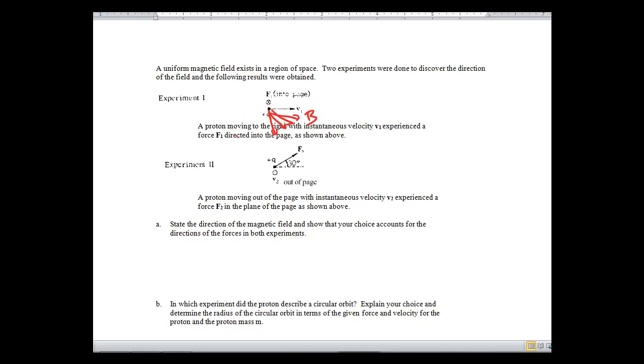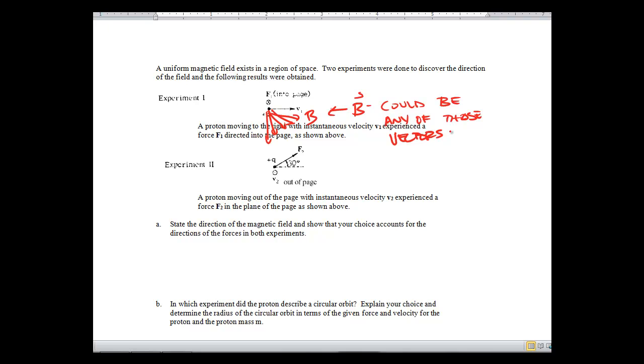So your magnetic field could be any of these things. It's a possibility. It's not guaranteed to be straight down. As long as part of my velocity is perpendicular to that magnetic field, I'll get that force.